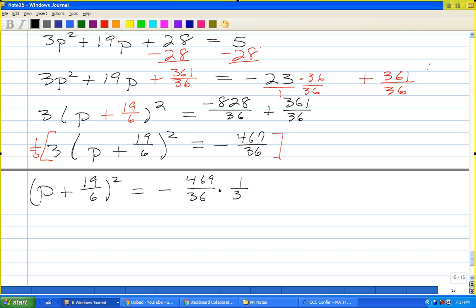But let's make it into a perfect square. So let's just multiply and divide by 3.